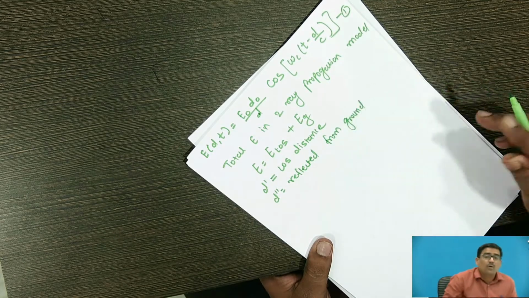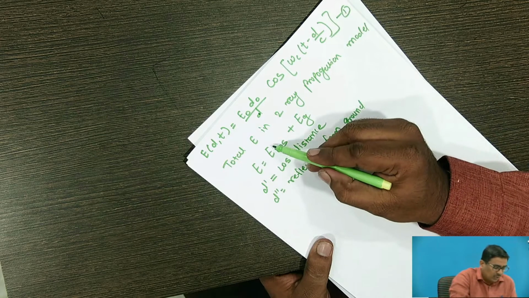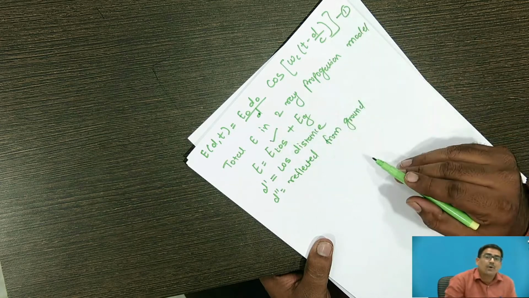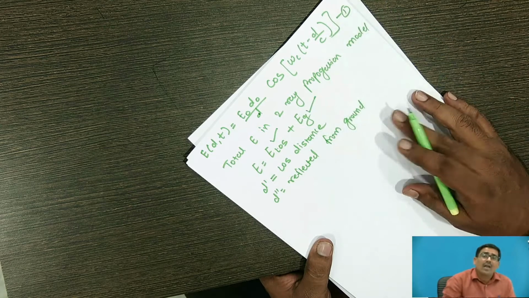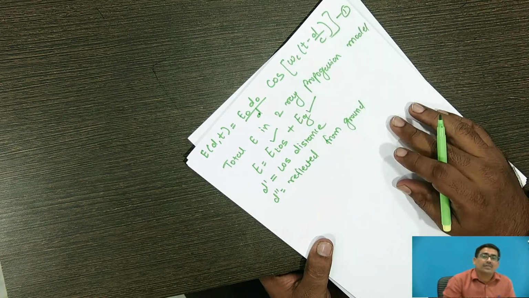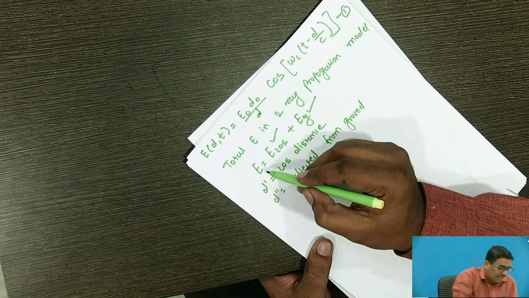Now we want to calculate E_LOS first from equation 1, then calculate E_G from equation number 1, and then add these two equations, and thereafter we get E total.